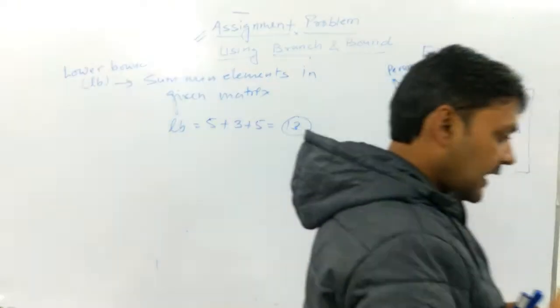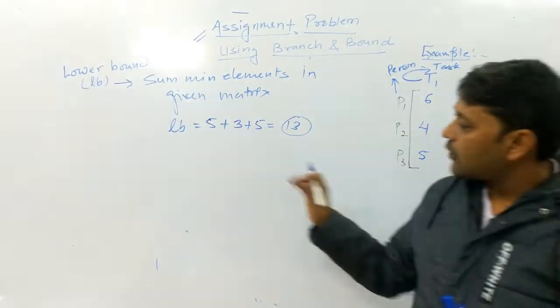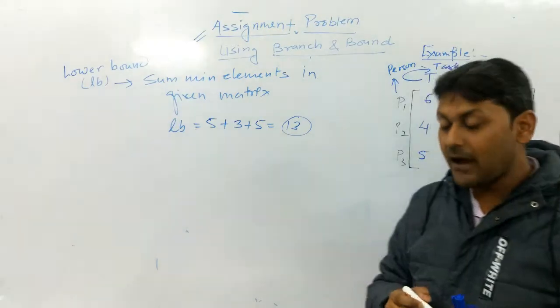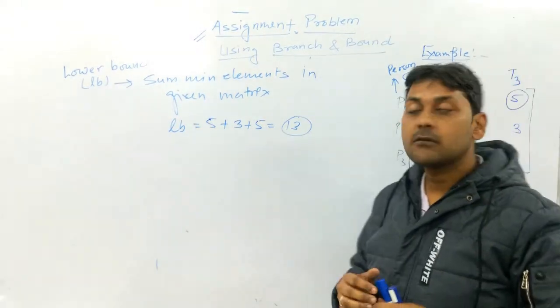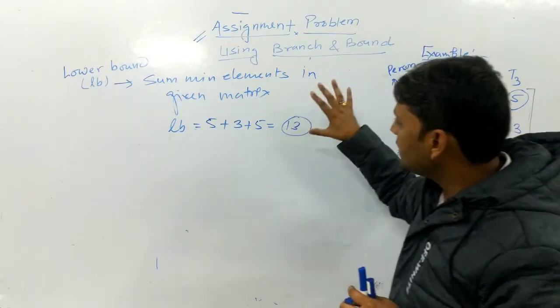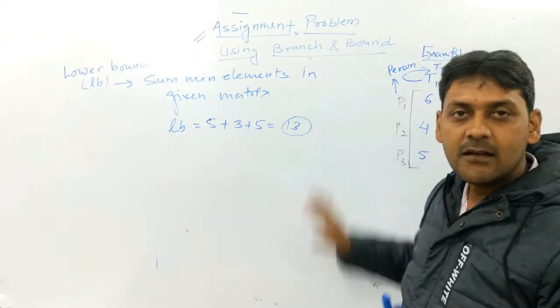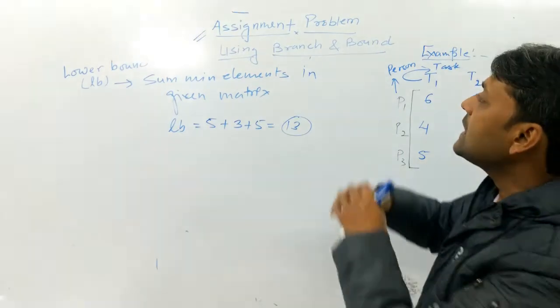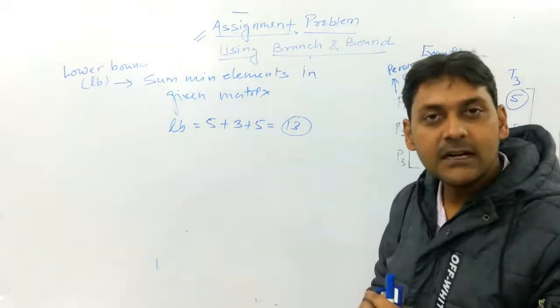Why do we first calculate the lower bound? Because this is the minimum cost that would be utilized when we have not applied the approach of the assignment problem.